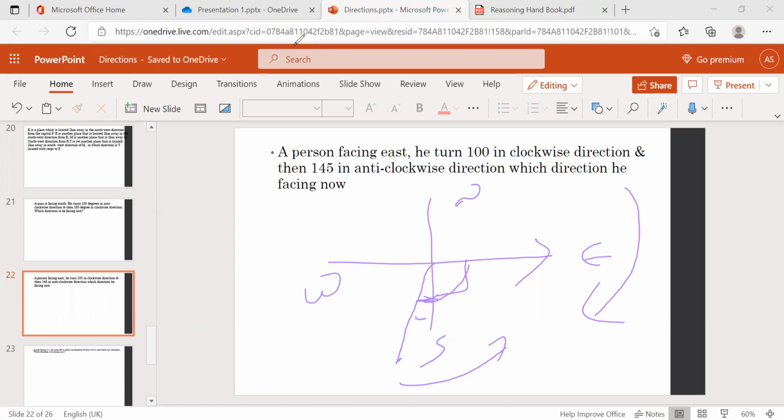From here to here it's 100, so he came back to 100, and then 45 more. What's the 45? Northeast direction. By sight itself you have to say. That's what I taught you in the first class. So without pen and paper, with left and right, you can solve these things.